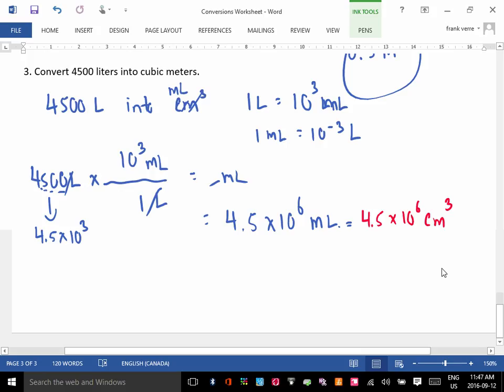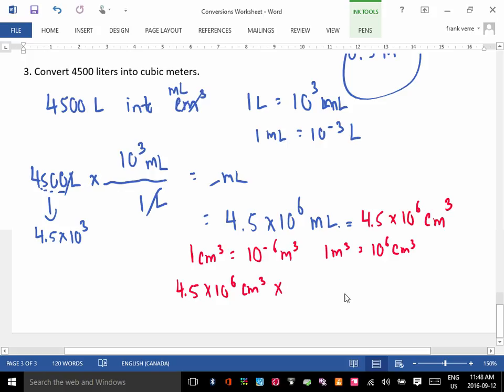Now we could say, well, 1 cubic centimeter is the same as how many cubic meters? 10 to the minus 6? Or we can say 1 cubic meter is the same as 10 to the 6 cubic centimeters, right? So now we have 4.5 times 10 to the 6 cubic centimeters.